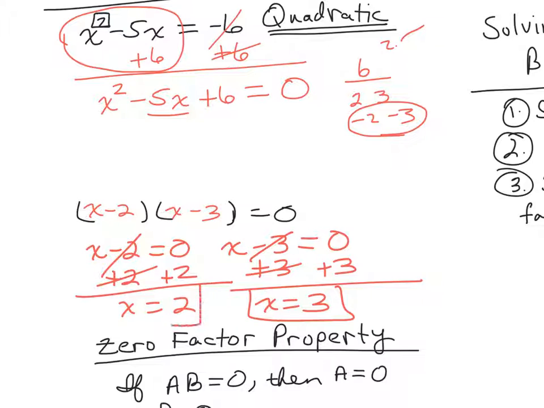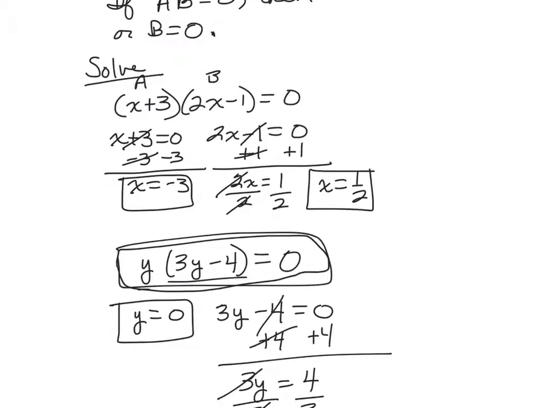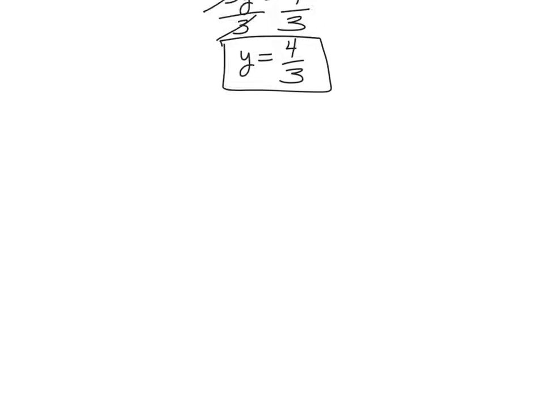And there's the other solution. So x equals 2, x equals 3. Questions? Alright, let's look at a few more and see what other kind of situations we can get into.